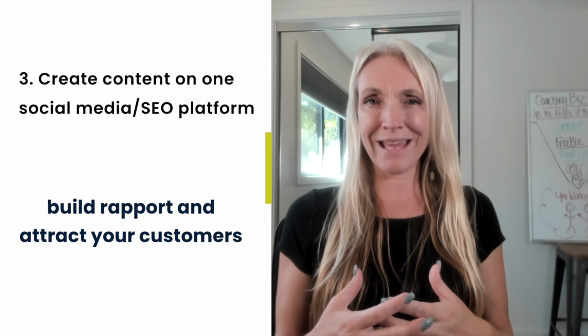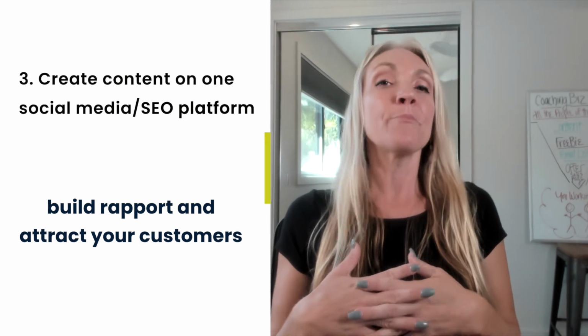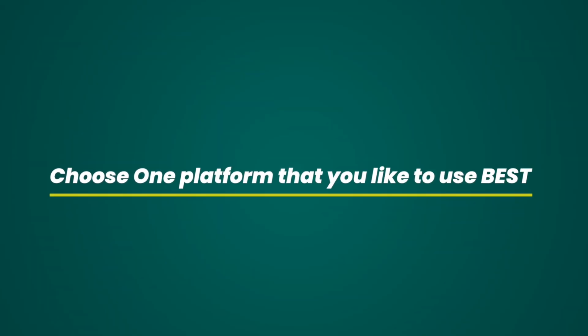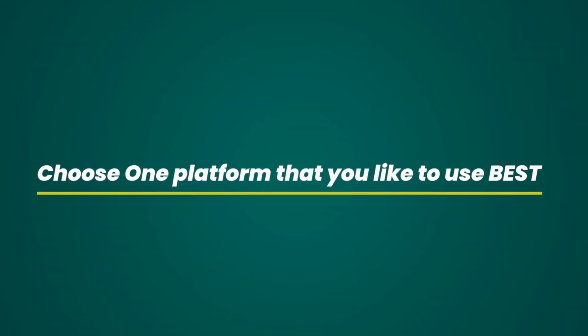It gives you a way to connect. But what's really important about this is, I said, choose one platform that you like to use best. And so you want to commit to create probably a weekly piece of content on one of these sites.